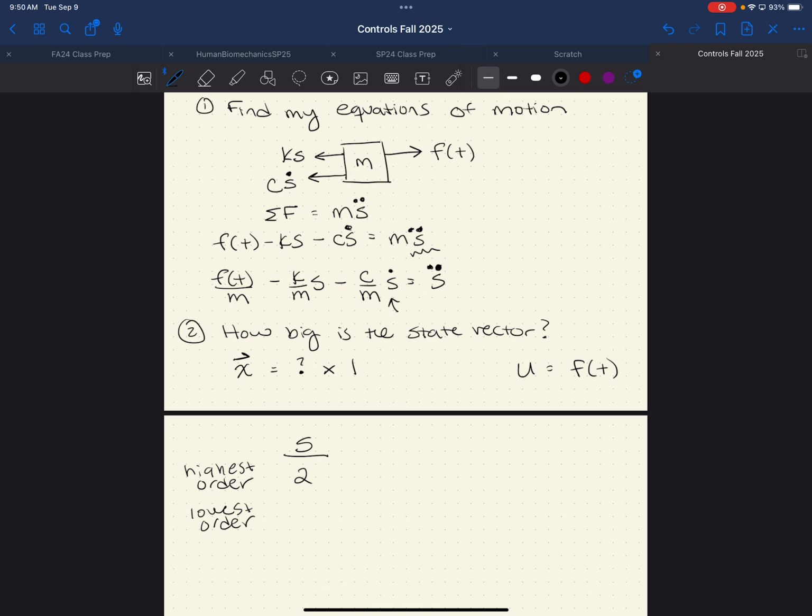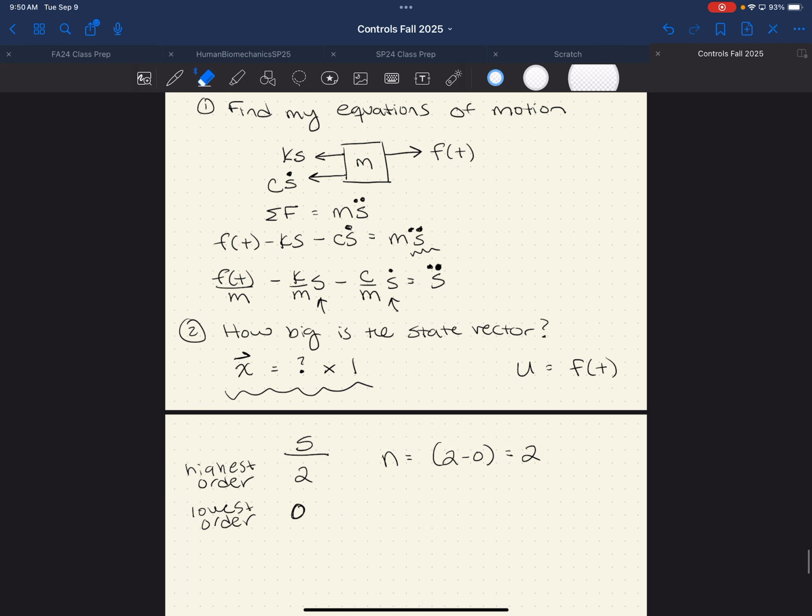So this one would be 1 because I have one derivative of S, but there's a lower one. 0, right, because I have an S here that doesn't even have a derivative on it. So that order is 0. Okay, and so I know that n is equal to the highest order minus the lowest order. So 2 minus 0 equals 2. So my state vector here is n by 1. And we said n is equal to 2.